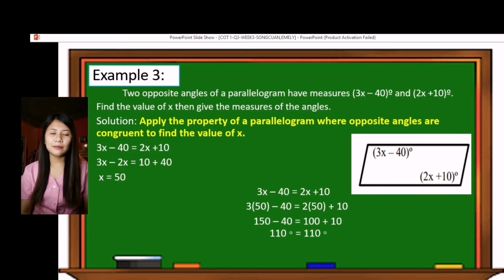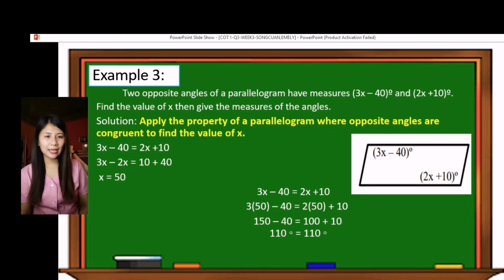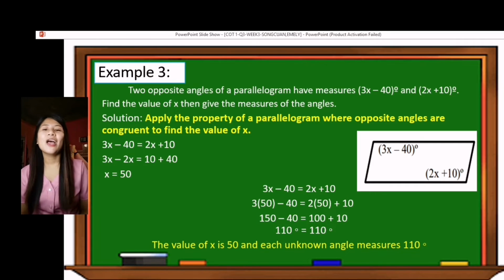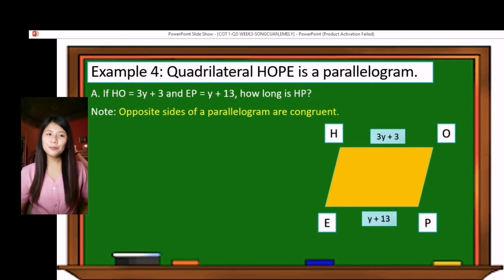So, 2 times 50, that is 100, plus 10, that is equal to 110. So, they are the same. So, the value of x is equal to 50, and each unknown angle measures 110 degrees. Are you all following, guys? Okay, very good. Example number 4.